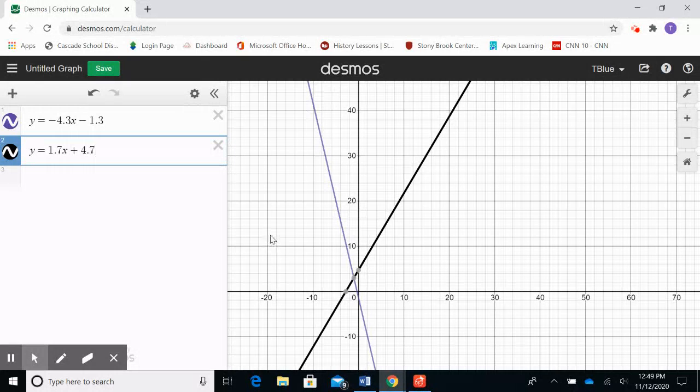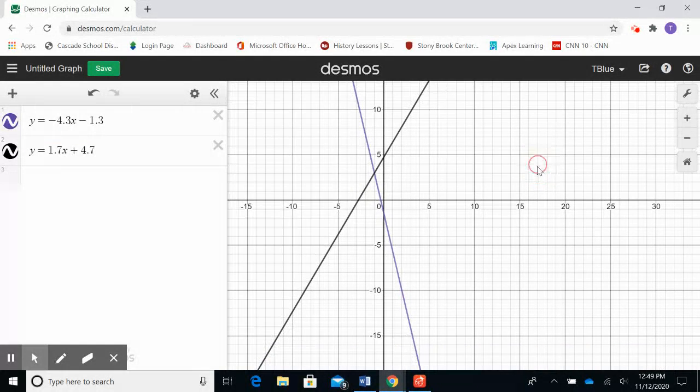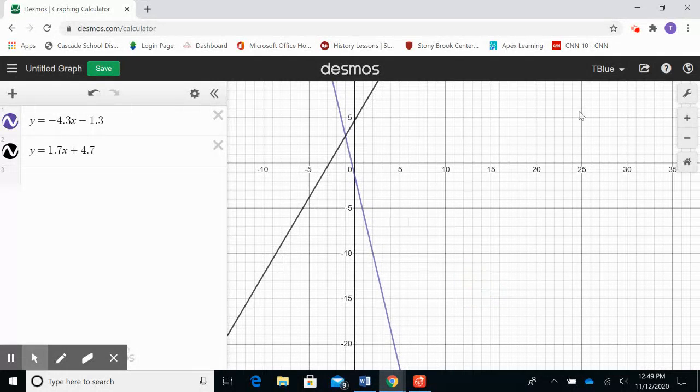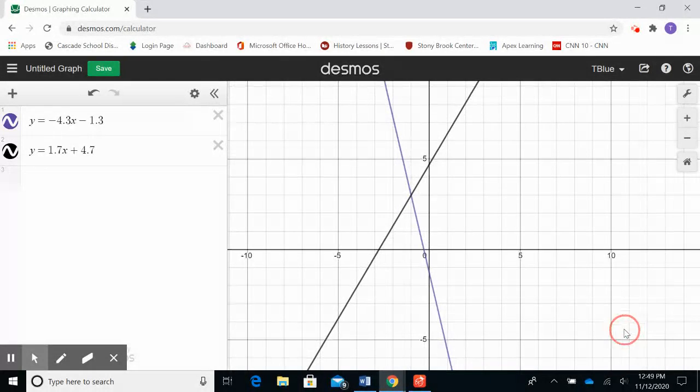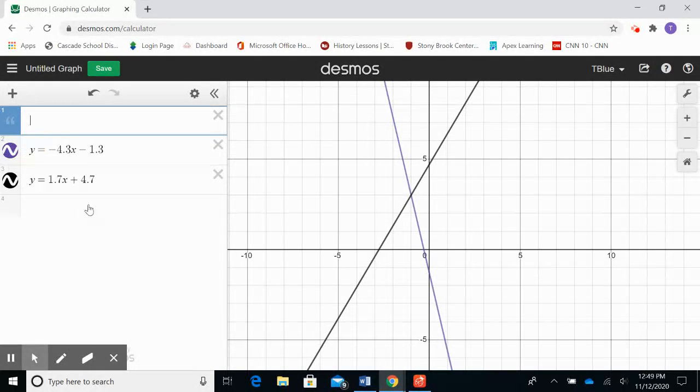Now I have these two equations, and I want to know where they cross. Right here we have negative 1, and 1, 2, 3. So they cross at (negative 1, 3). For my homework, I will put (negative 1, 3) as my answer for these two.